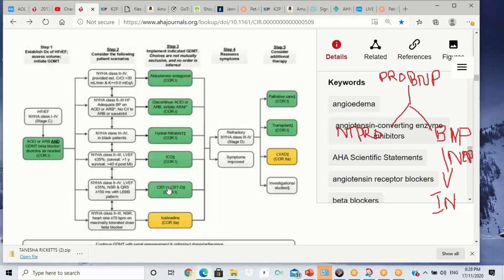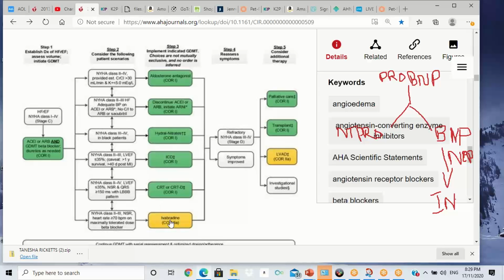The beauty about practicing medicine is you can Google stuff and look at it. When you're doing the exam, you can't really Google anything, so you have to know. All right. So remember 35% or less, wide QRS, left bundle branch block pattern, you use the pacemaker, CRT, cardiac resynchronization therapy, and then for the ICD.